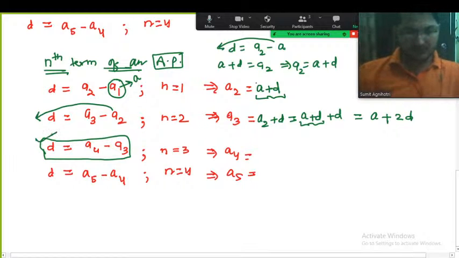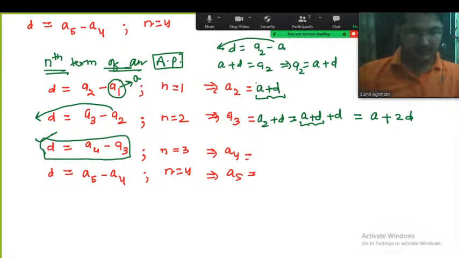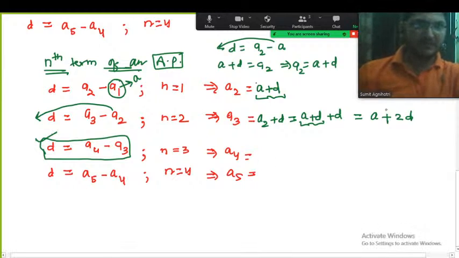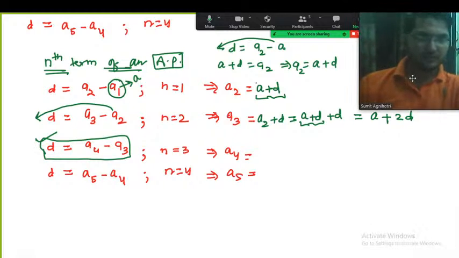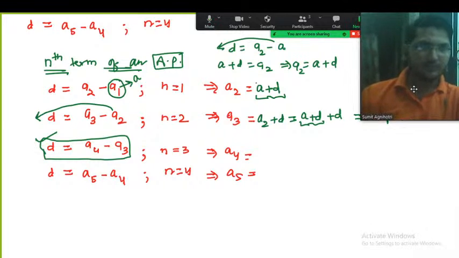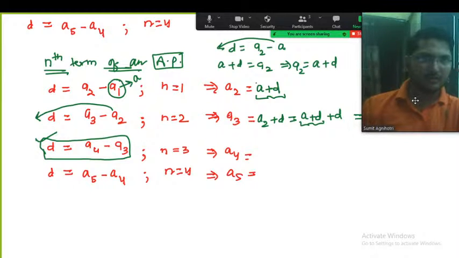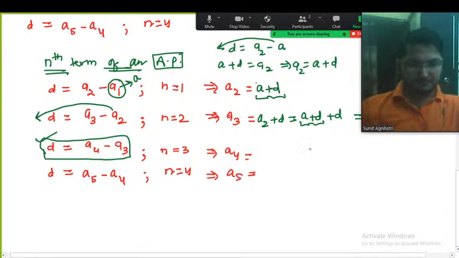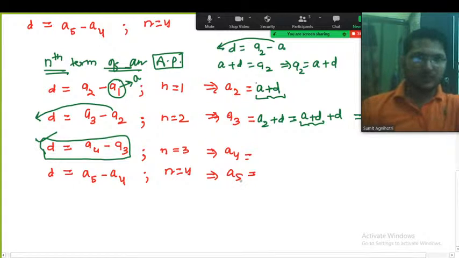What will be A4? We have to move the A3. So A3 plus D. A4 will be A3 plus D, exactly.